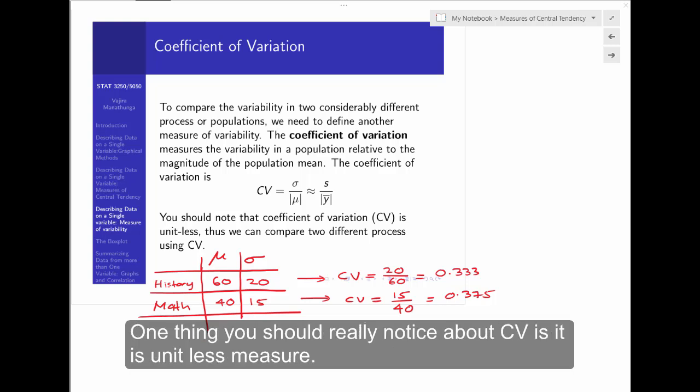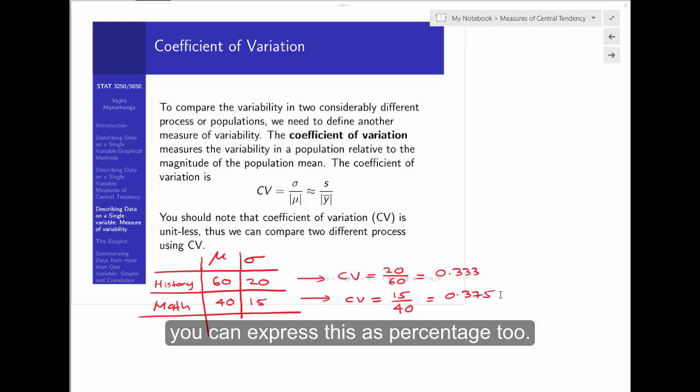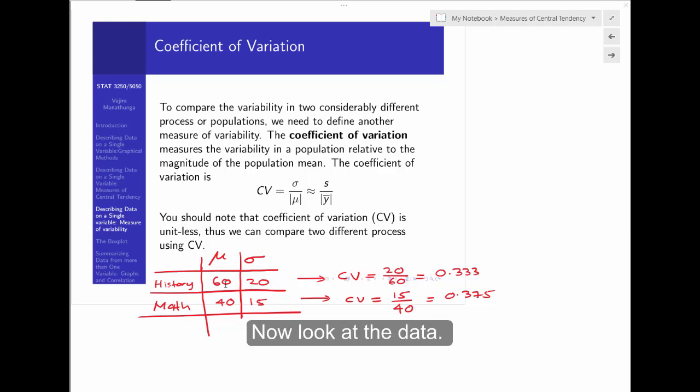One thing you should really notice about the coefficient of variation is that it is a unitless measure. So for history, our coefficient of variation is 0.333. For math, it's 0.375. You can express this as a percentage too. Now look at the data.